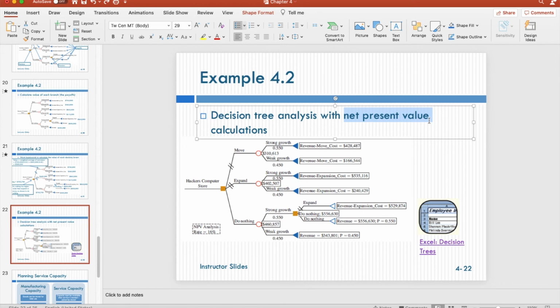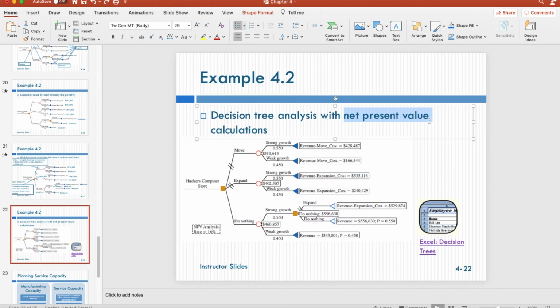This is an extension related to the decision tree analysis, and we will not cover it within the exam, but I think probably one homework question will relate to this. So my suggestion is to look at the textbook and Appendix C, which shows the transform ratio that will help you get the corresponding net present value.